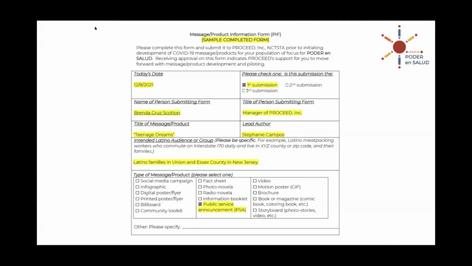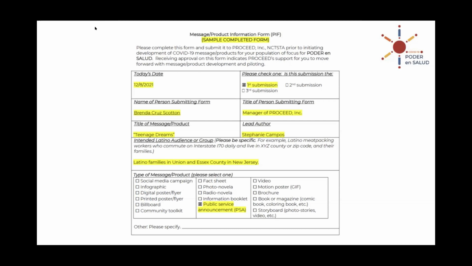They will receive the forms on their end and will move forward with the message products after they've approved them. An example here, as you can see on the screen, is what a product information form might look like for you guys.